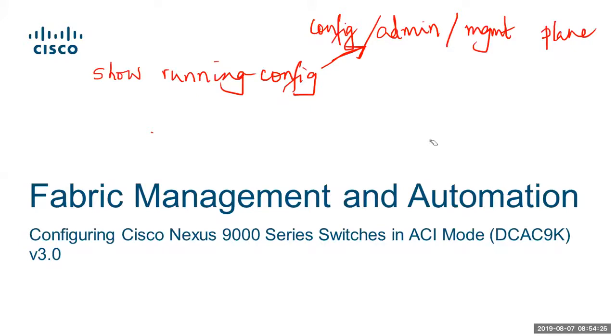Let's see. Show interface or show IP route. On which device would I issue them? We already decided show interface, show IP OSPF neighbors, show IP route are operational commands. On which of the devices, APIC or switches, would I issue the command show IP route?